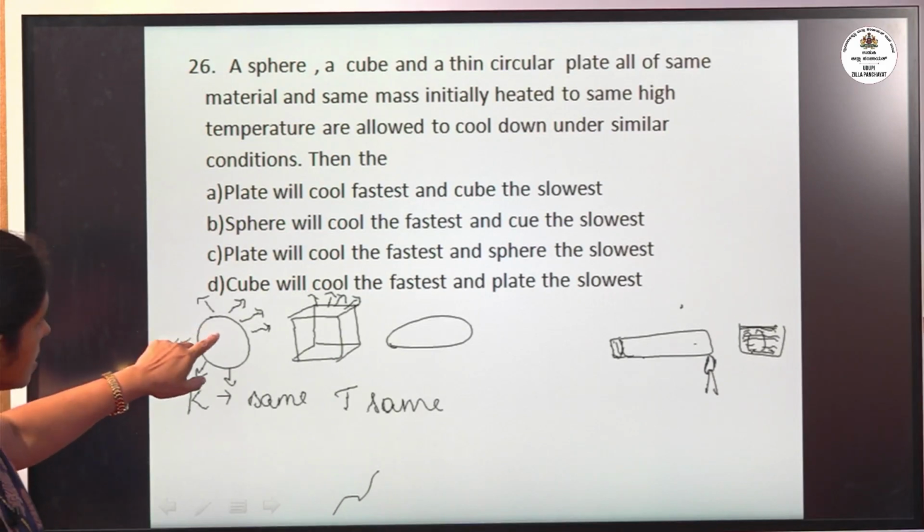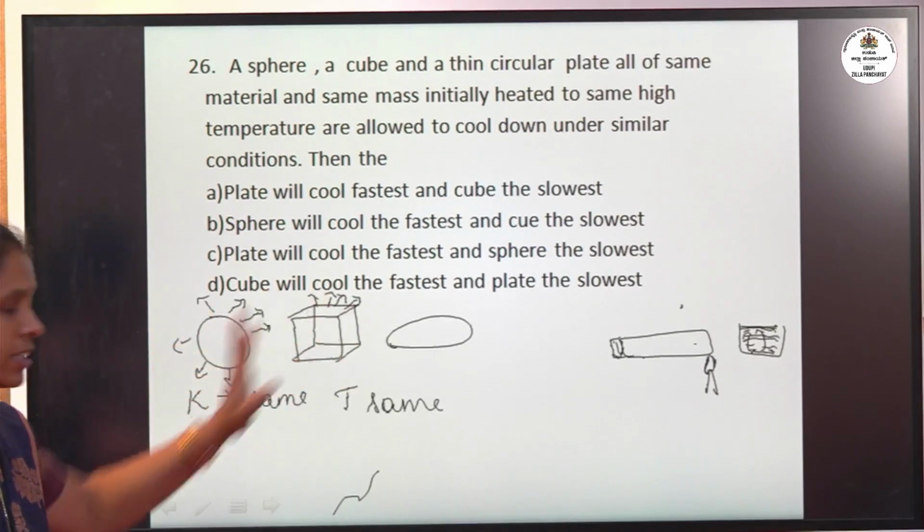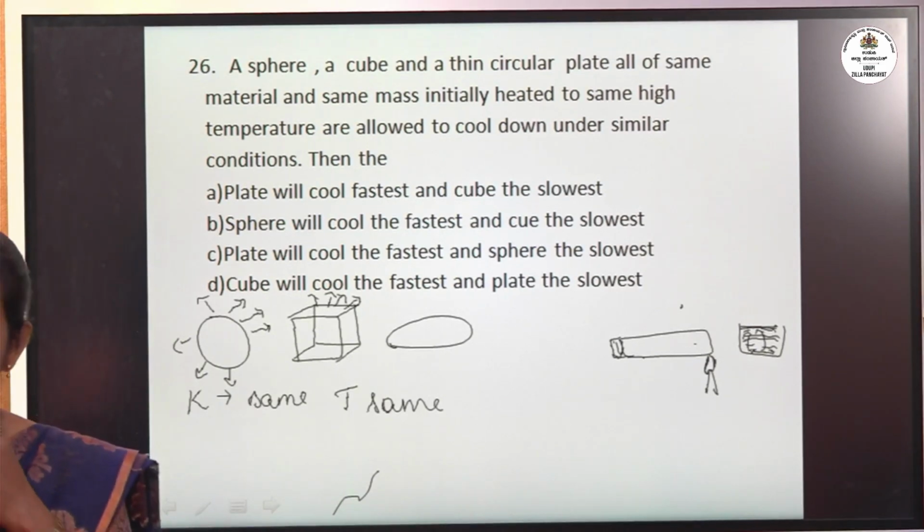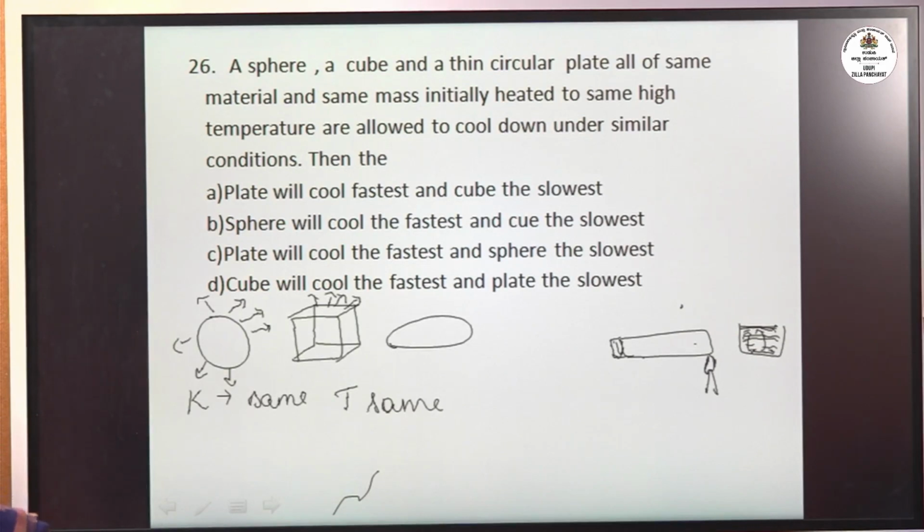Temperature of the system and surrounding are the same in all the three cases, because thermal conductivity is the same and they are made of the same material heated to the same temperature.